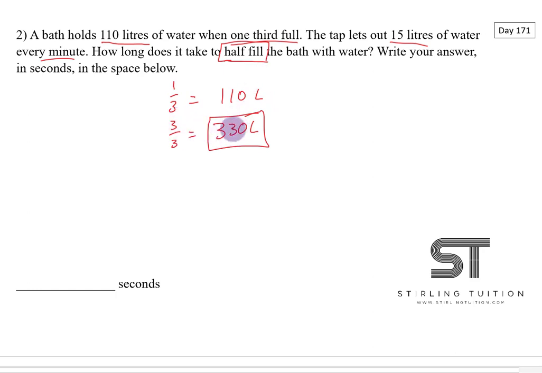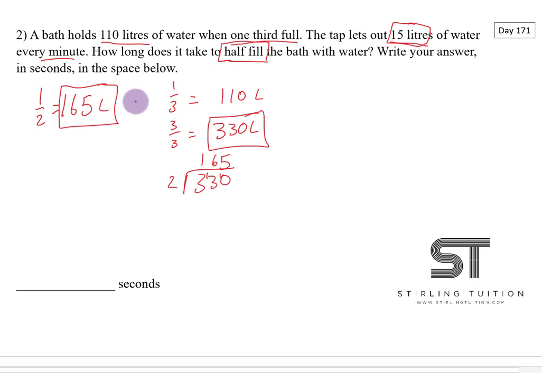So if this is it completely full, half full is half of this. So 330 divided by 2. Goes in once, carry the 1, goes in 6, carry the 1, and then goes in 5 times. So when the bath is half full, it is 165 litres.